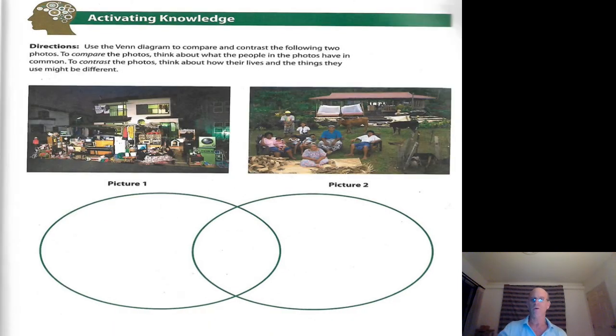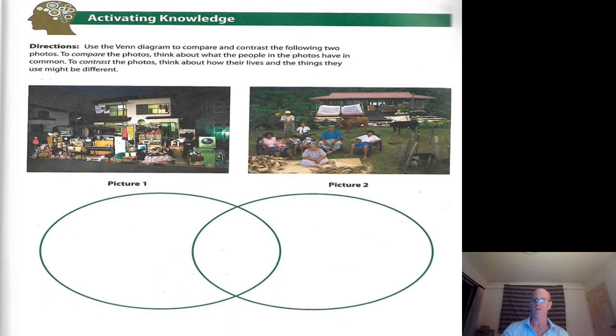Now, what you're going to do is take a minute and do the same thing for these two pictures. Again, if you can't see it, access the document on Google Docs. You'll be able to see it more. And in the middle, you'll put some similarities, and what's unique to picture one and what's unique to picture two.